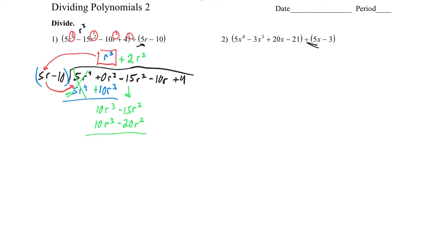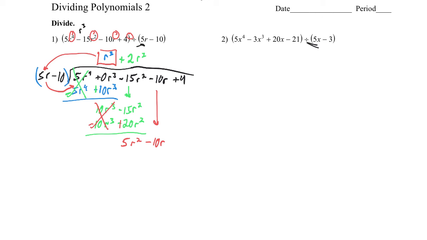And then we change our signs and add them up. So change, and then add. So 10 minus 10 cancel. Negative 15 plus 20 is going to be positive 5. Keep your r squared. Then keep going. Drop down the negative 10r.